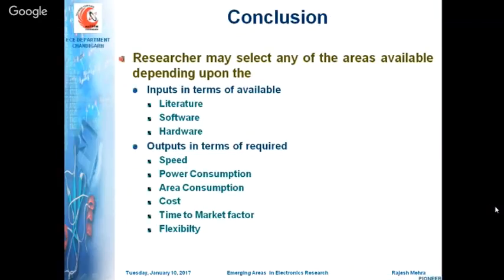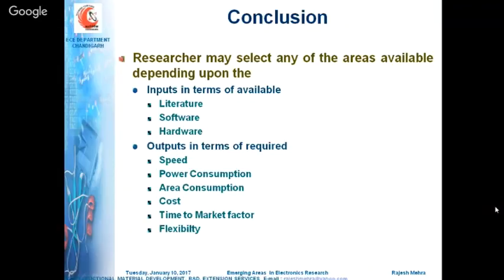And now finally the conclusion. A researcher may select any one of the areas discussed depending upon the inputs in terms of literature, whatever literature you have, what is the input with you, your software, hardware.